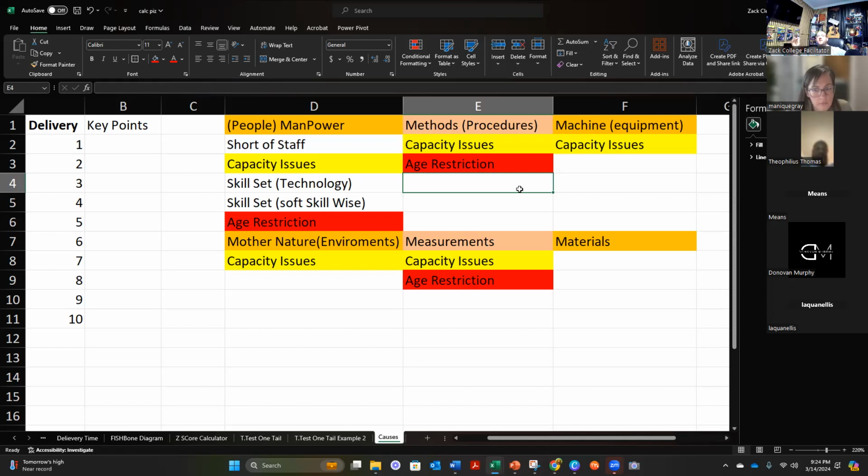If we're not able to handle our workload, we can analyze this and break this down in multiple facets using a fishbone diagram or a coding or categorizing type methodology. Again, let's do another one. What's another issue that we had that we can look at?